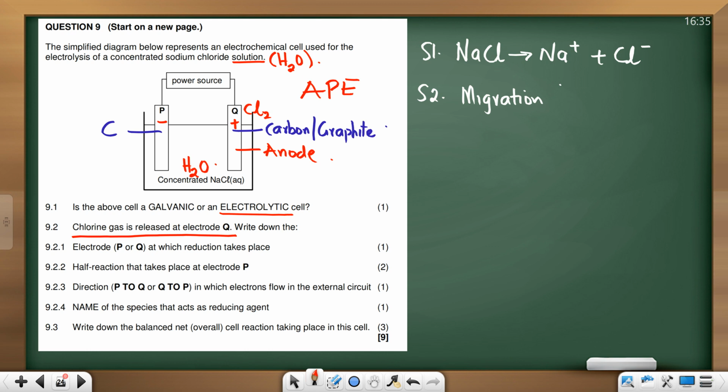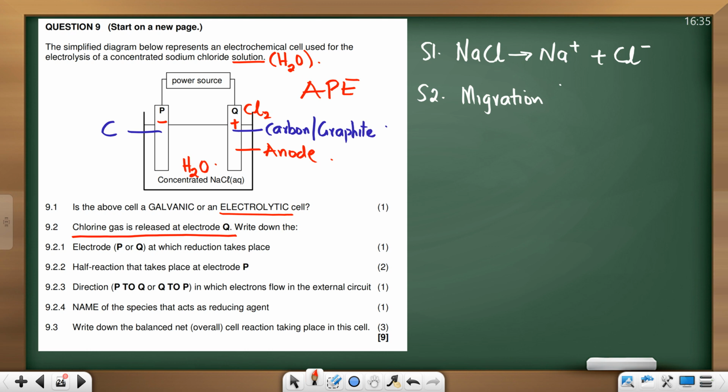The half reaction that takes place at P is the one of water. Don't forget, it is the one of water. All right, so we write that half reaction for water. That's what is reduced. Are we okay, everybody? I've explained the whole process, we're just answering now.